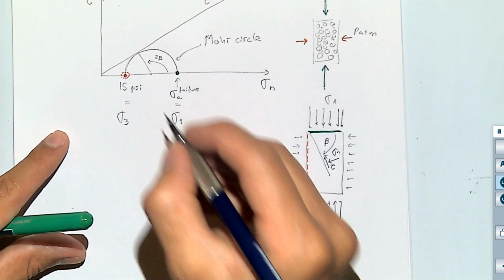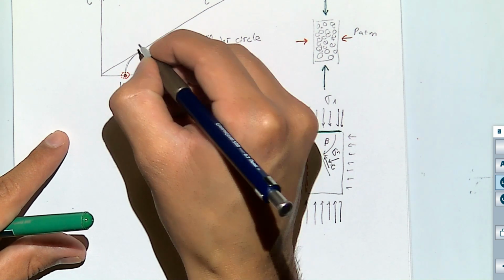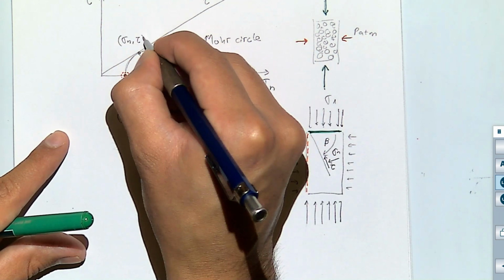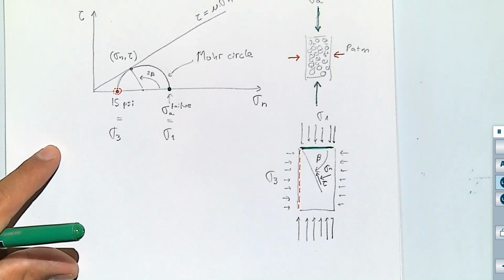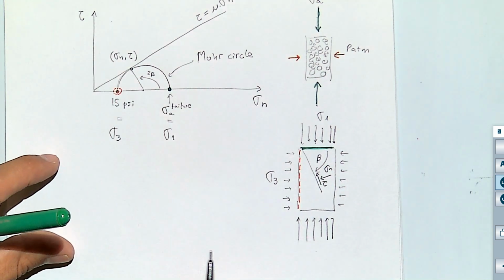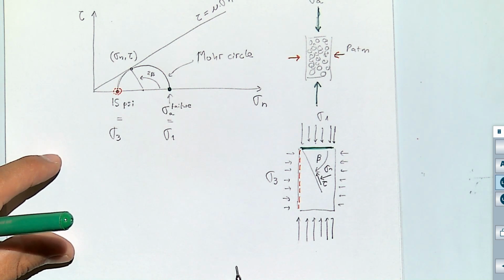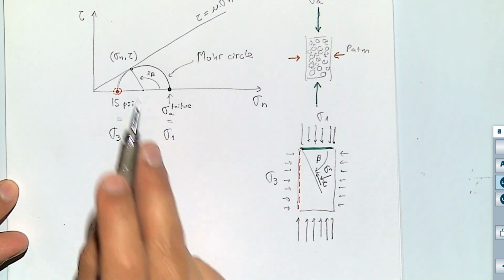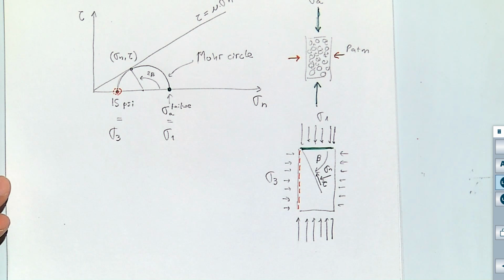And these two values are just a point in this 2D plot, sigma n and tau. So if I know a given angle, I can get the value of the normal and the shear stress.